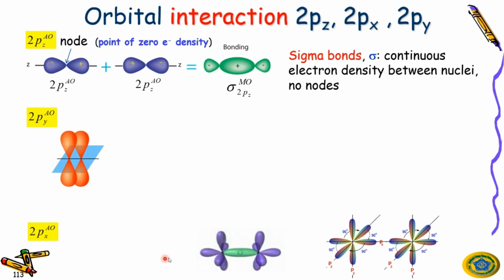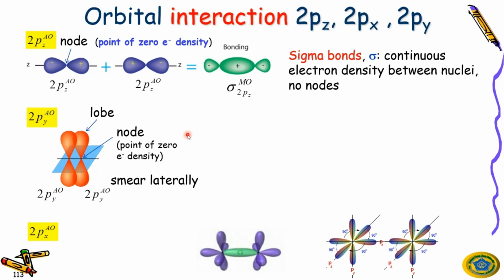Now let's take a look at the py orbital. You put the py orbitals together, and how does it look? We call it smeared laterally. Put these two together, smeared laterally. This is the atomic orbital, and this is a lobe.